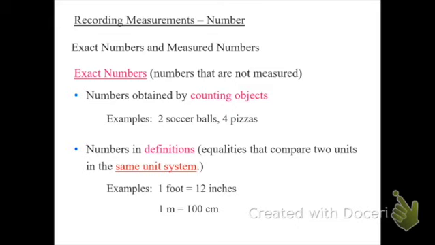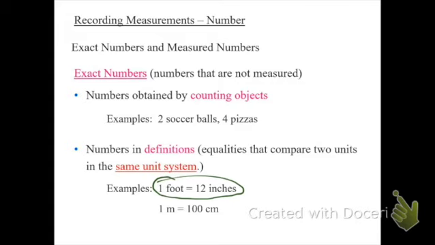So one thing you see here in a definition, we have an example here that says 1 foot equals 12 inches. So in this one example, you see that we're trying to define a unit, 1 foot in inches. But it's really important to remember it has to be within the same unit system. If it's not within the same unit system, then it's not exact.